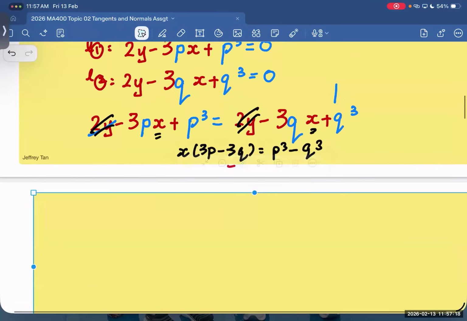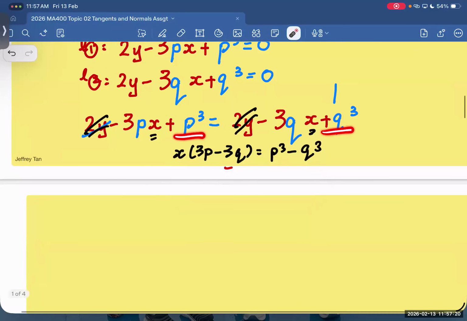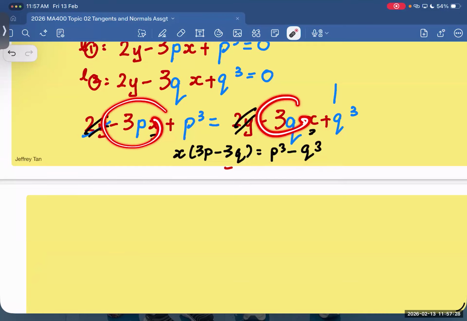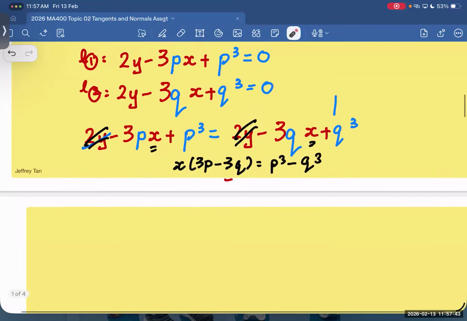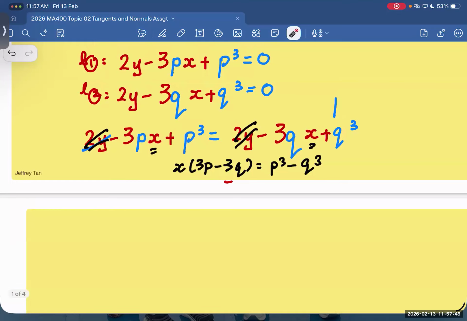Okay, I say again. This term and this term go on the right hand side, and this term and this term on the left hand side. I shift P to the right.